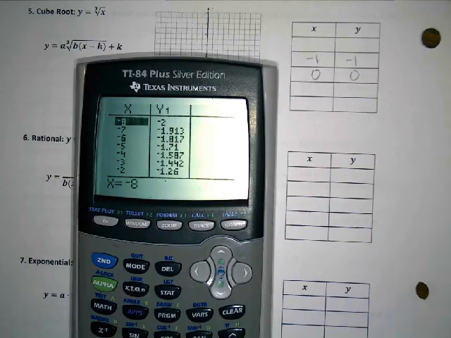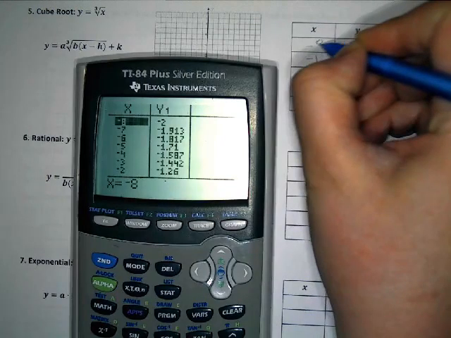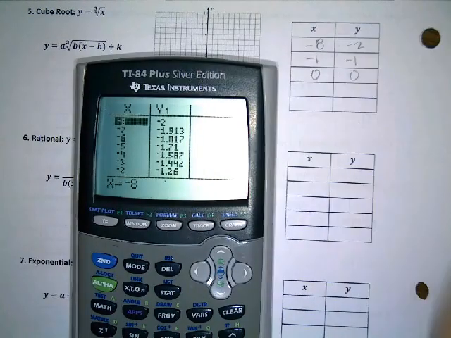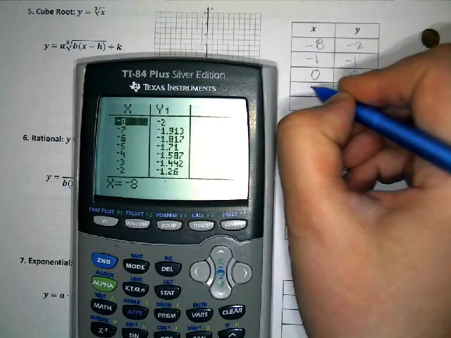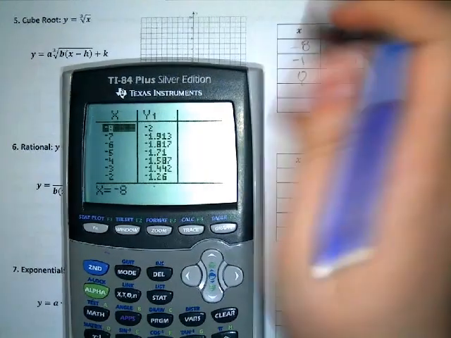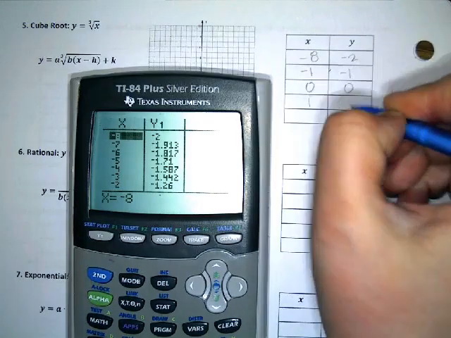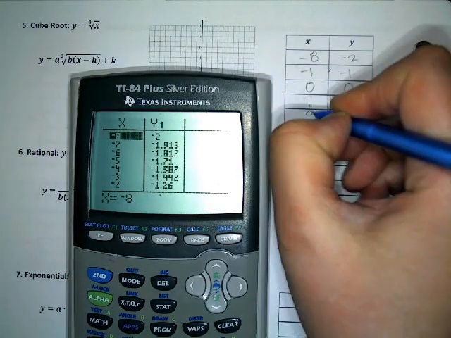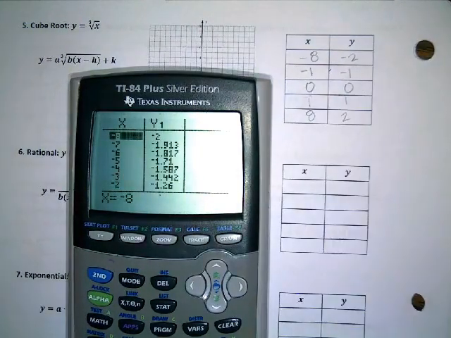So the cube root of -8 is -2. And you'll notice that's really similar to the cubic table that we had. It's the inverse of it because cubes and cube roots are opposites of each other. So these are the two tables that are kind of funky, the cube roots and the square roots. Okay, so I'm going to go ahead and graph those.